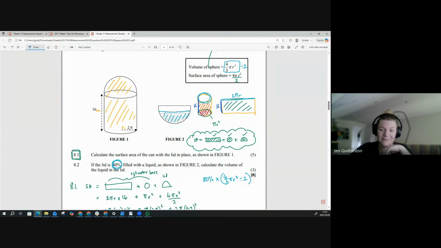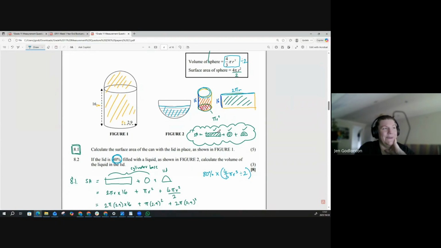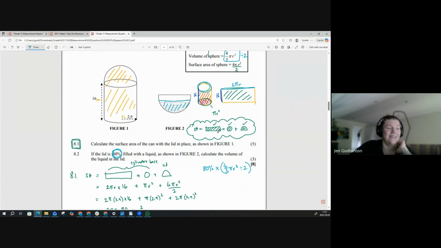Okay. So this is what we're working on for 8.2, right? So 80% of 4/3 times pi times 2,9 cubed divided by 2.